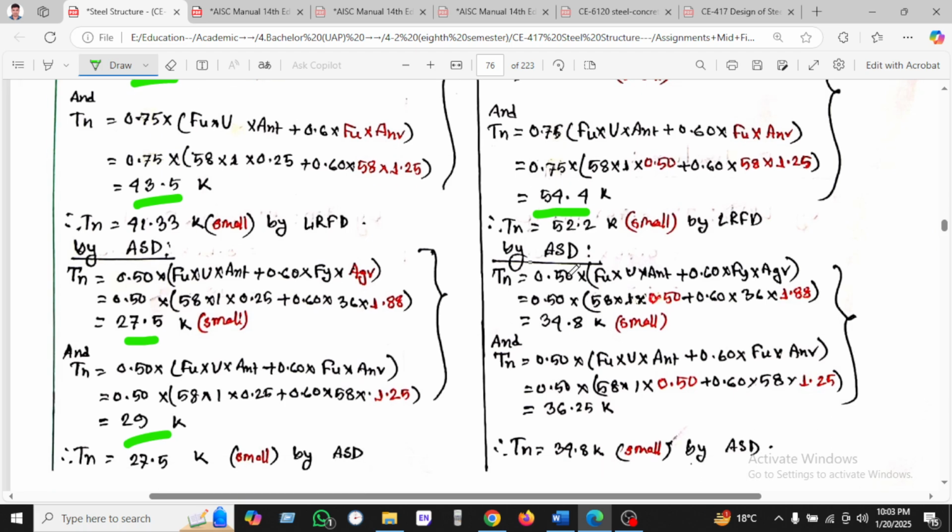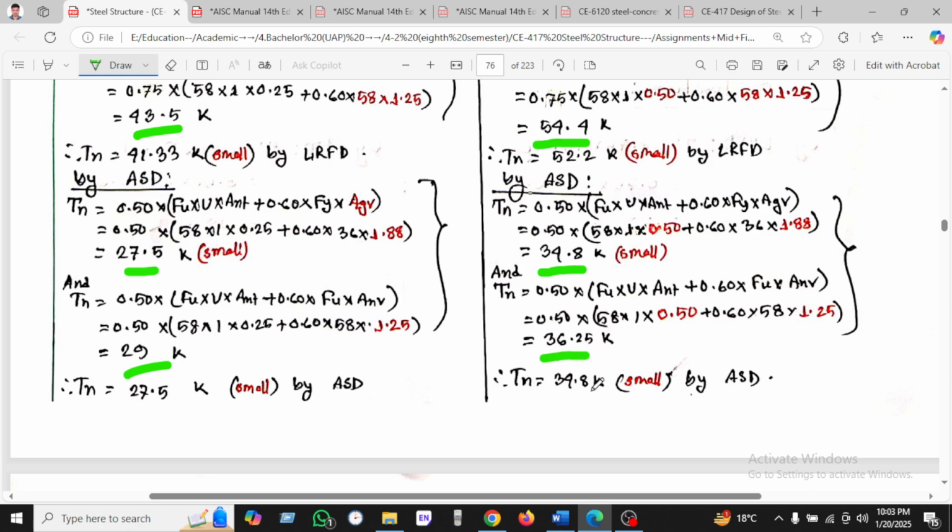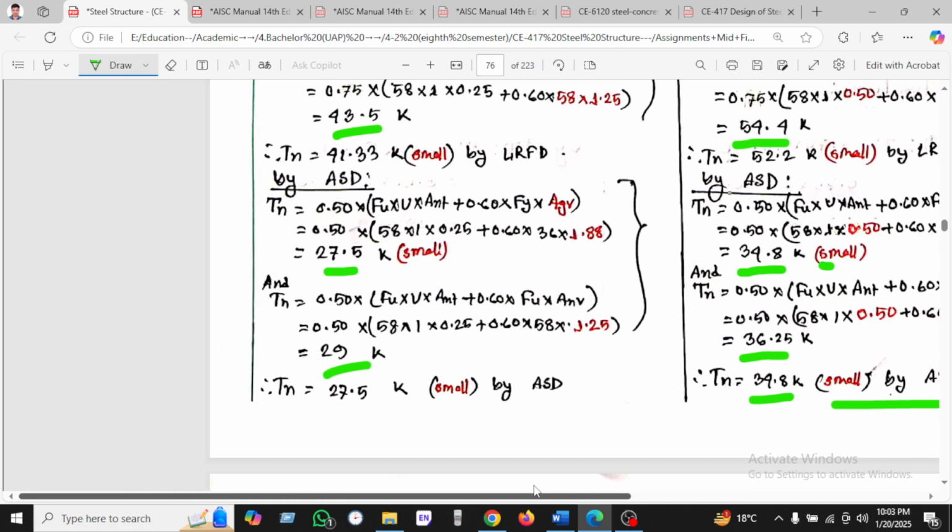In the same way, using the ASD method, we found 34.8 and 36.2. So we consider the smaller value.